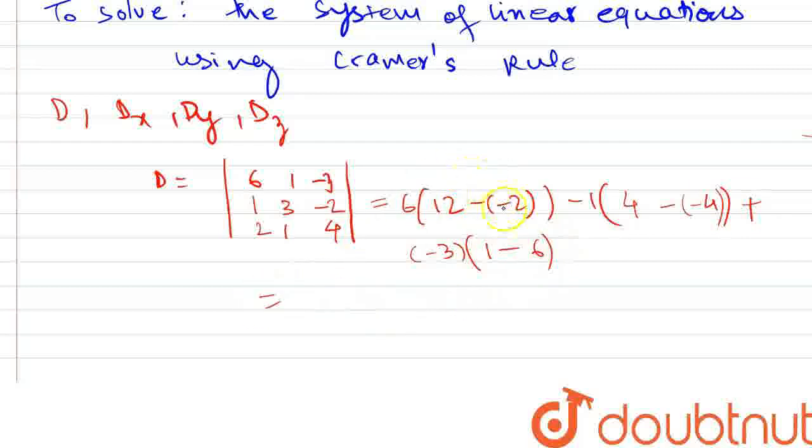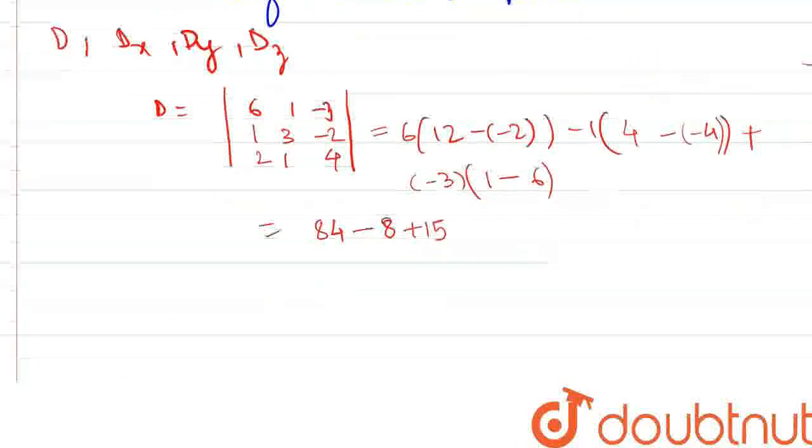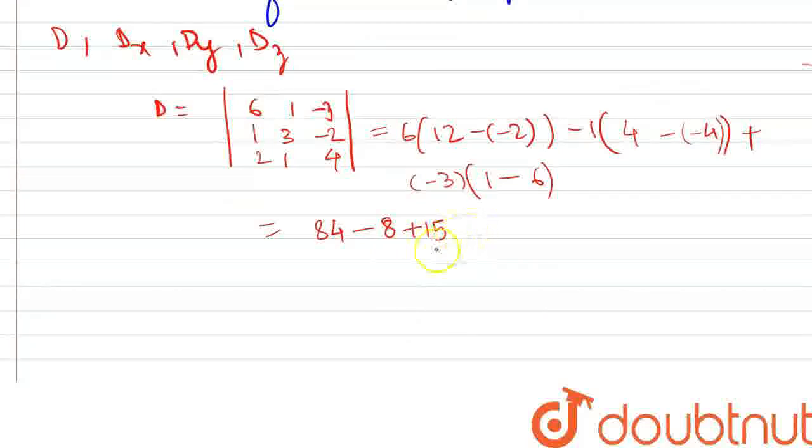So we get 12 plus 2 equals 14 into 6 equals 84. Then 4 plus 4 equals 8 into 1, 8. So 84 minus 8. And 1 minus 6 equals minus 5, and minus 5 into minus 3 would be plus 15. So the value of 84 minus 8 plus 15 would be 91.